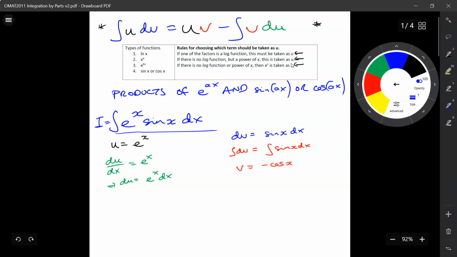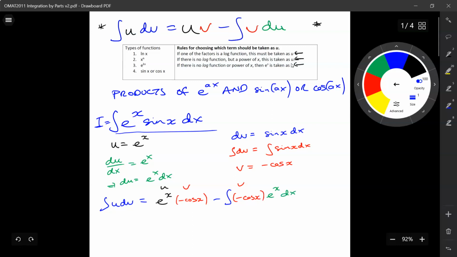So if we apply the integration rule once, the integral of u dv is equal to uv minus the integral of v du. So u is exponential x times v, so v is minus cosine x, minus the integral of v, which is minus cosine x, times du, which is exponential x dx.